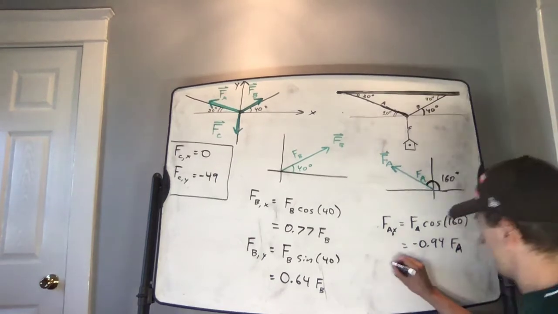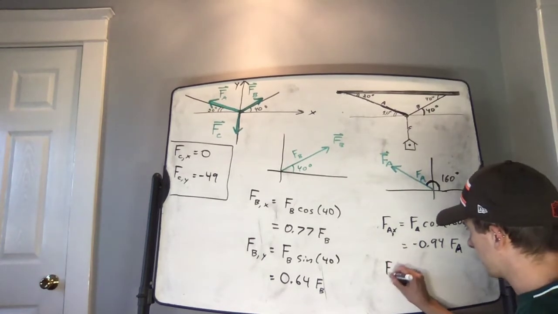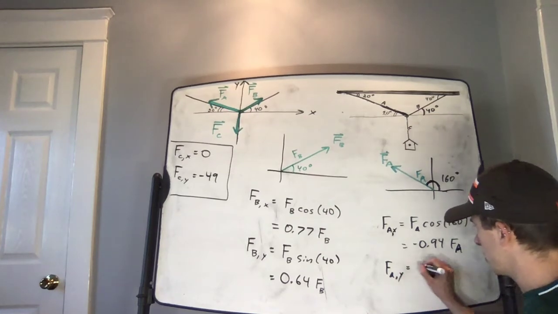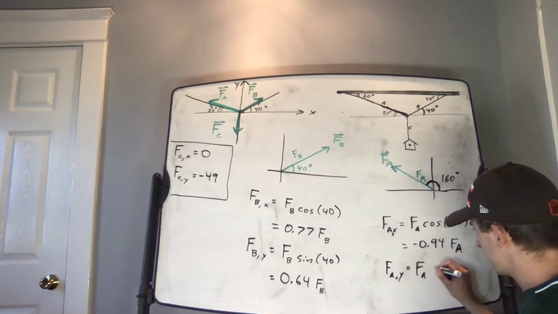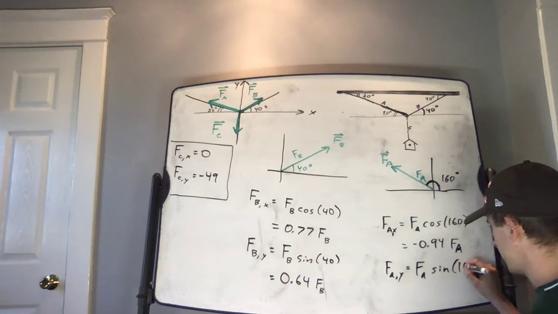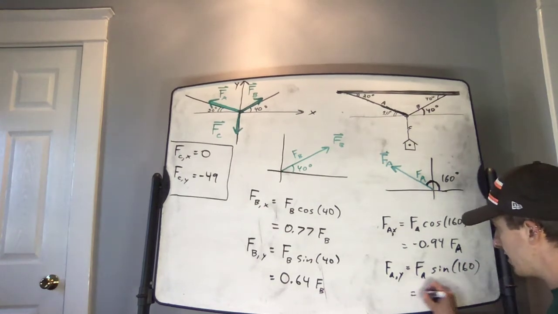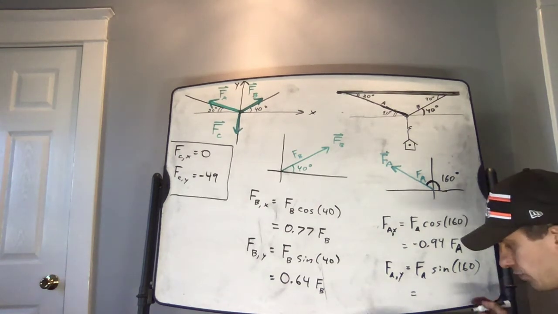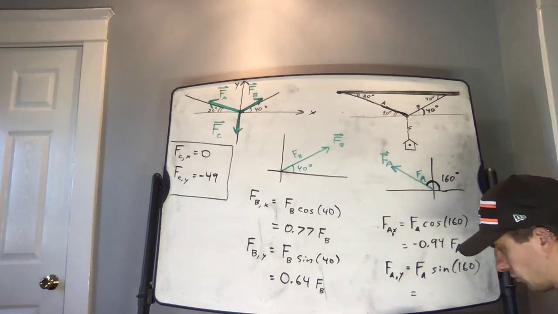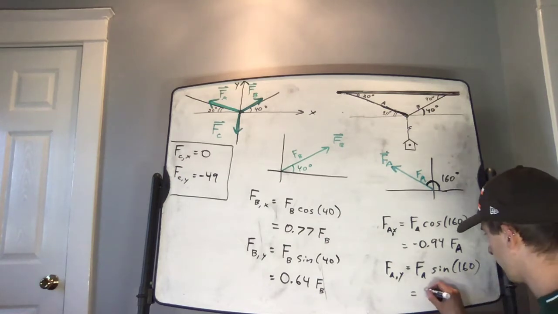And the force of tension in cable A in the Y direction will be FA sine 160. And if I put that in calculator, sine of 160 is going to be 0.34. So I get 0.34 FA.